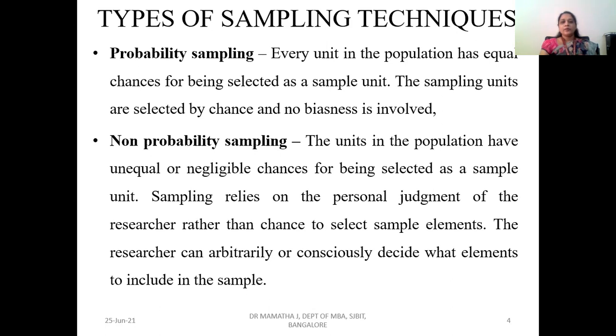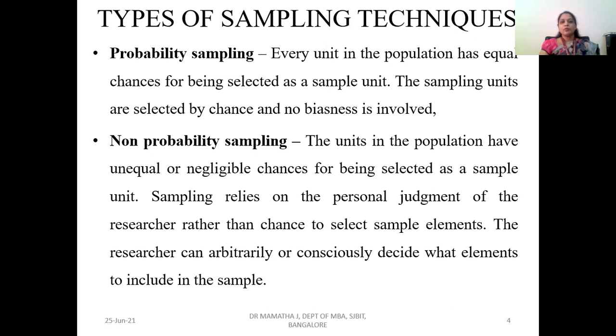Okay, so let us now discuss the difference between probability and non-probability sampling techniques. In probability sampling, we have the population identified for our study, and we give the opportunity for all units in the population to participate in the research study. We are giving an equal chance for all the elements in the population to be selected as a sample.